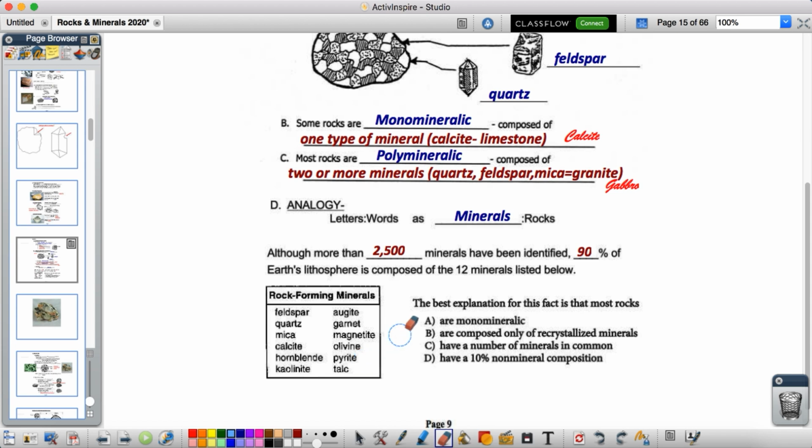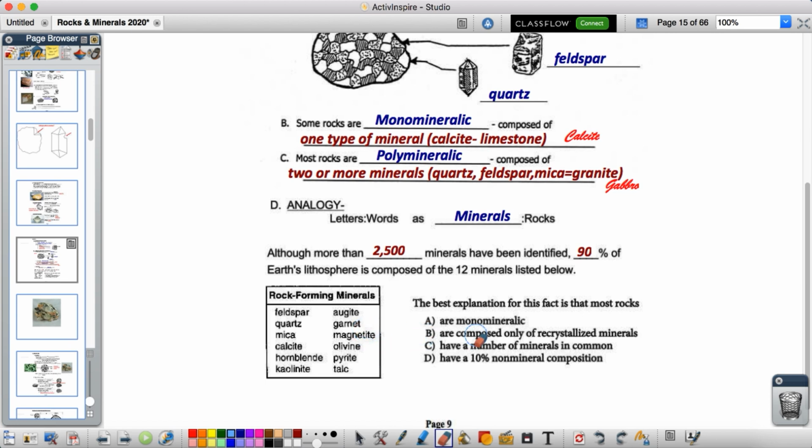All right? So there's some odd minerals out there. Definitely some odd ones, like galena, for example, ulexite, these are not common rock-forming minerals. So most of the minerals out there really aren't the common rock-forming ones, but these are the dominant ones. Most of the ones you'll encounter are basically these 12.